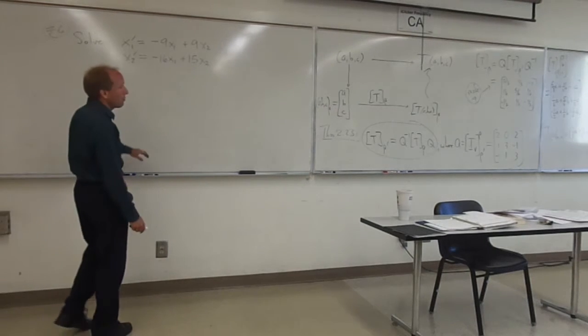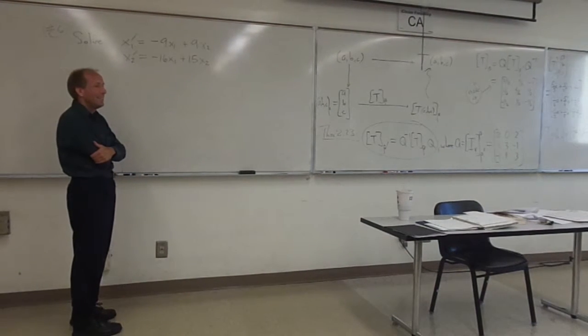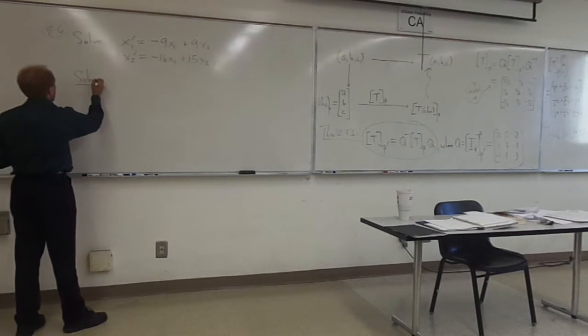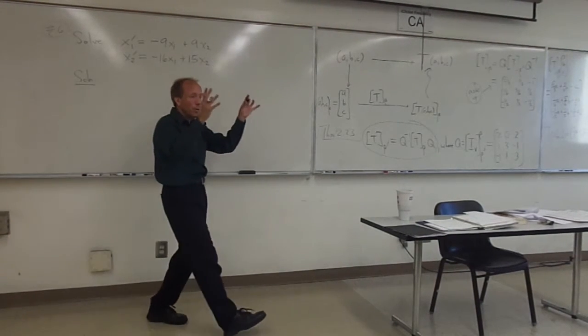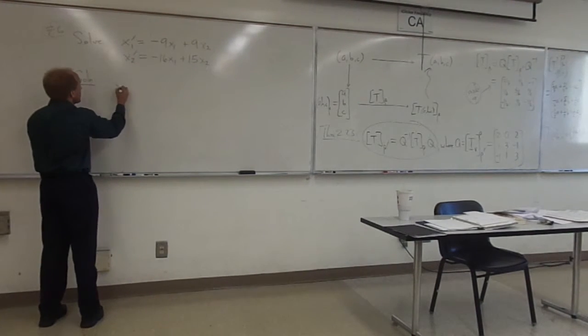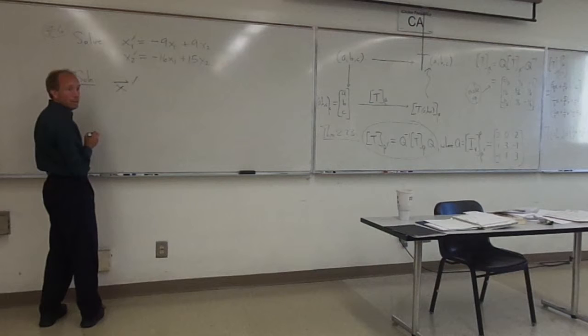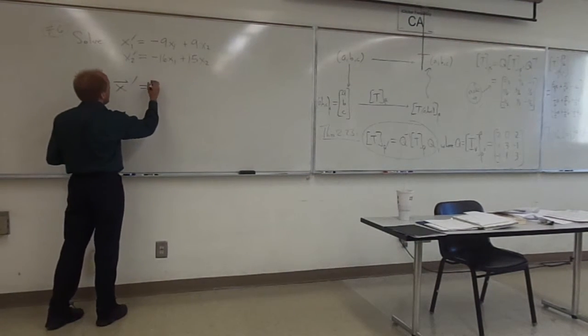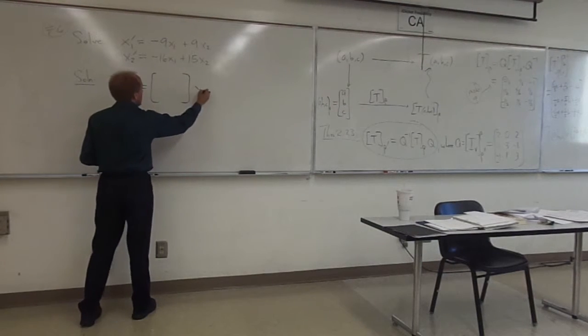What might you think about doing first here? Yeah, put it into a matrix form, right? Put it in a nice form. So the vector here on the left, I just call that x prime. I'm going to put an arrow on top of the x just to make it really clear. And then there's a matrix, and it'll be multiplied by x.